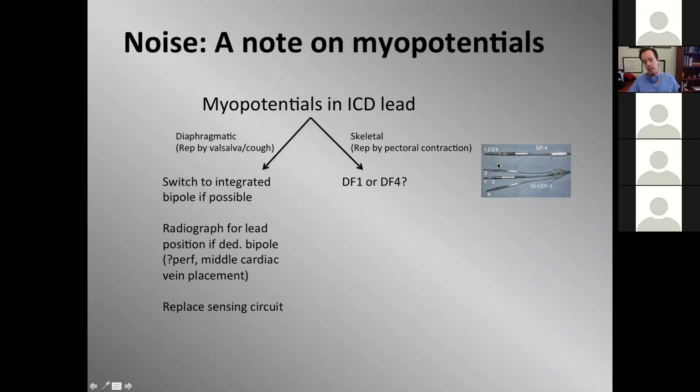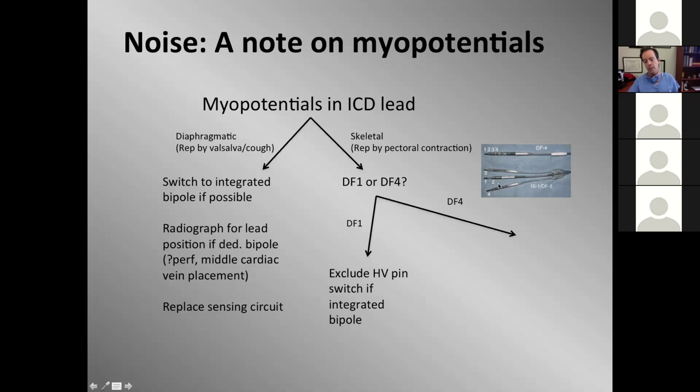This is what we're implanting nowadays, where you insert it in one port in the epoxy header, so you can't switch the two. But this is the first question you have to ask yourself, because if it is DF1, it's possible that the operator flip-flopped the superior vena cava and the RV.